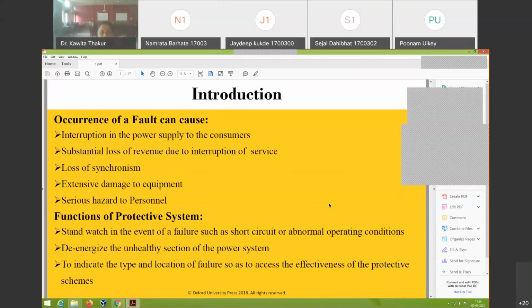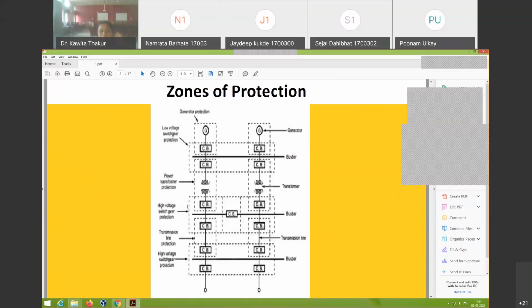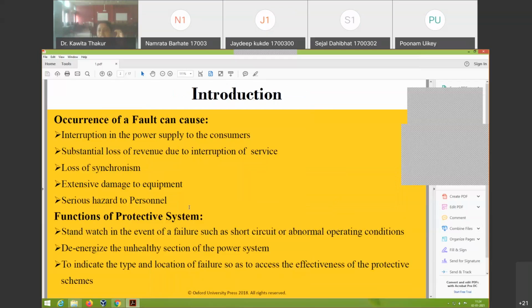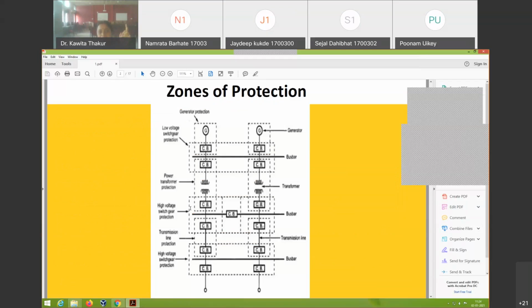In this first lecture we have seen occurrence of a fault, functions of protective system, the different causes of fault, why protection is applied, and what is the need of protection. We have also seen zones of protection: generator zone, low voltage switchgear zone, transmission line zone, high voltage zone, transformer zone, and then again transmission line zone, high voltage switchgear, and the distribution zone.